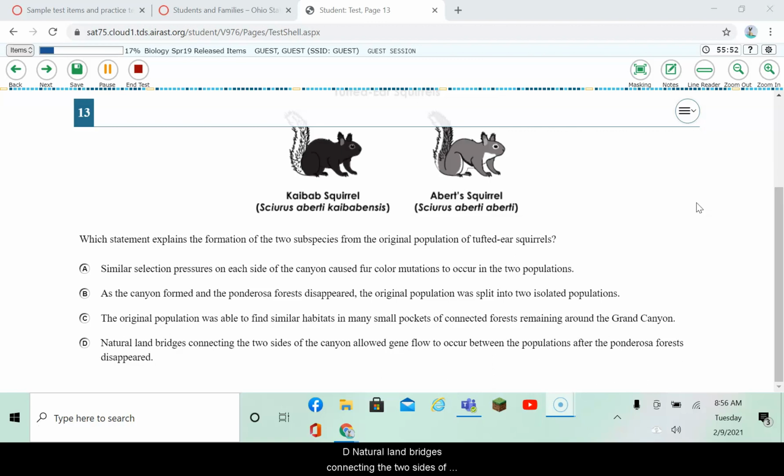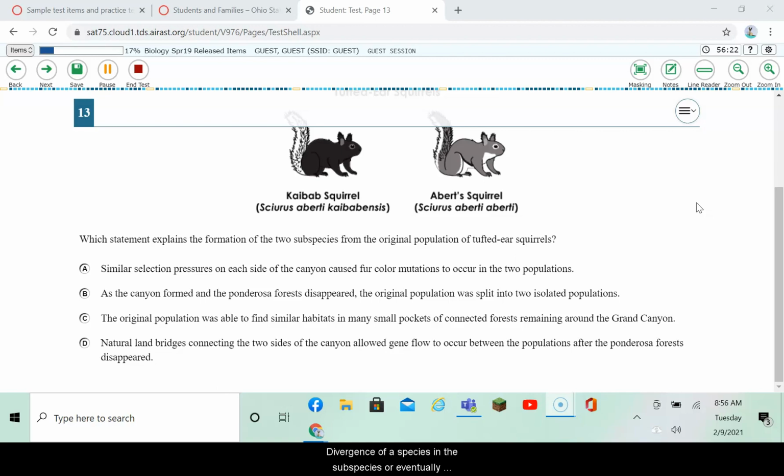D. Natural land bridges connecting the two sides of the canyon allow gene flow to occur between the populations after the ponderosa forest disappeared. This is incorrect. Bridges connecting the populations would allow them to share a single gene pool as genes would flow between them. These populations were isolated. The correct answer is B. As the canyons formed and the ponderosa forest disappeared, the original population was split into two isolated populations.